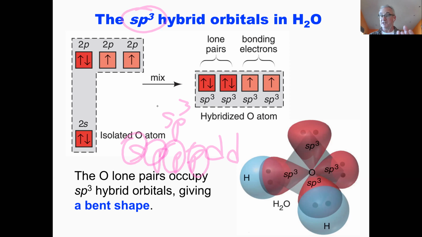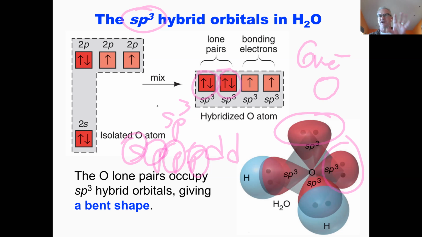We make our 4 sp3 orbitals with our 6 valence electrons for oxygen. And we go 1, 2, 3, 4, and we come back 5, 6. Those are our 2 lone pairs. And remember, oxygen almost always has 2 bonds and 2 lone pairs. And this is why. Because it has the 6 valence electrons.